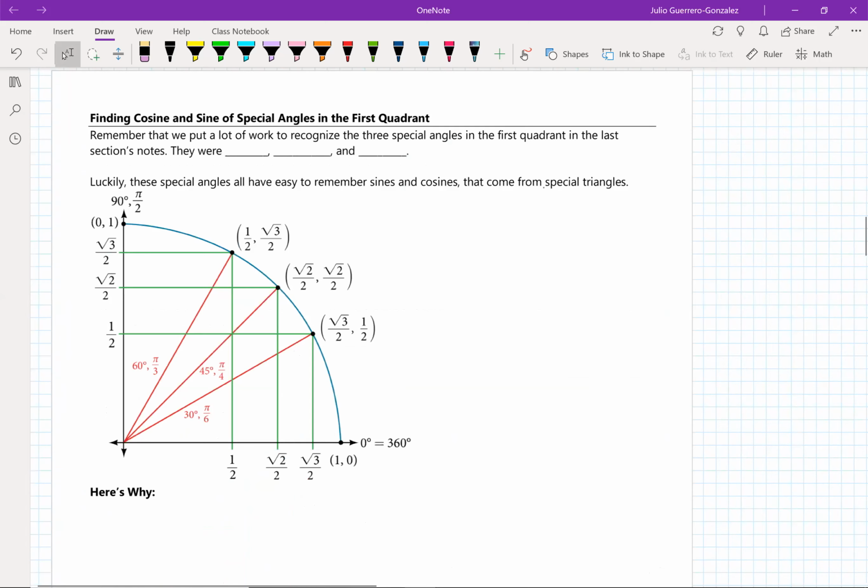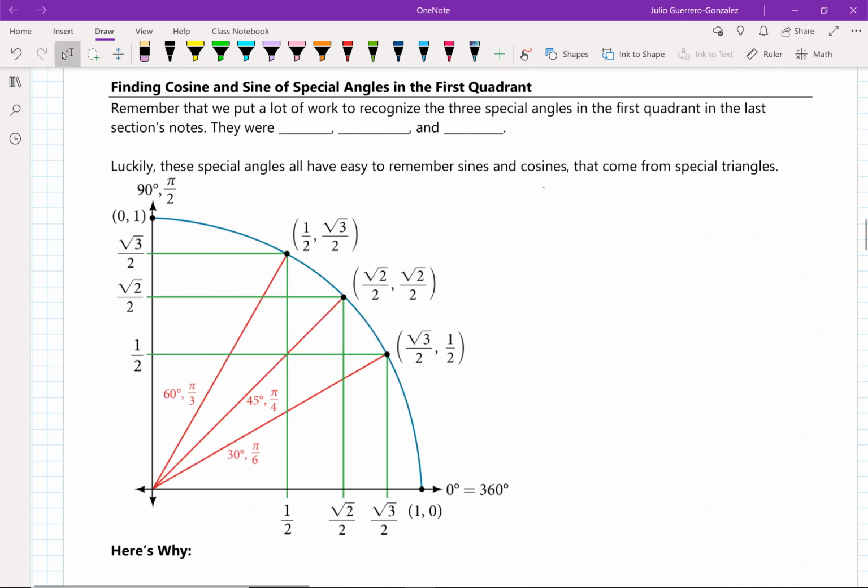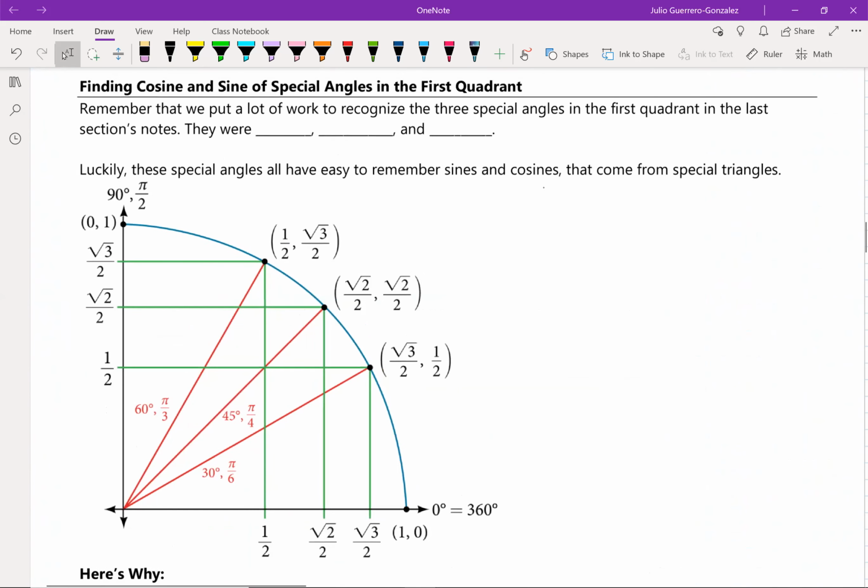Okay. So, we've gotten to a point in the class where we're going to start repeating a fair amount of the angles, okay?